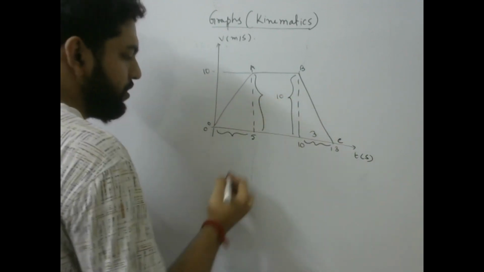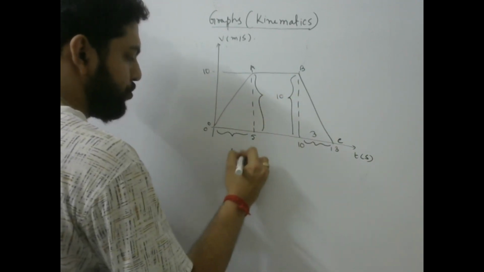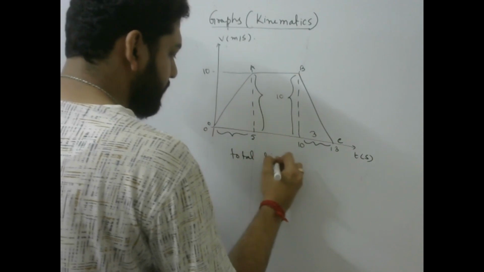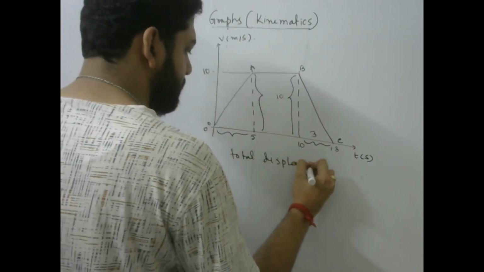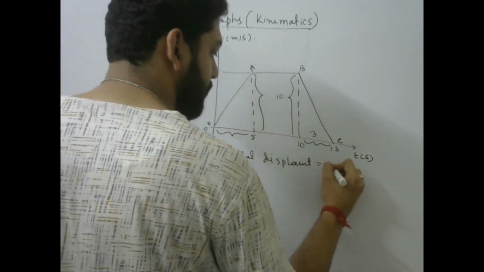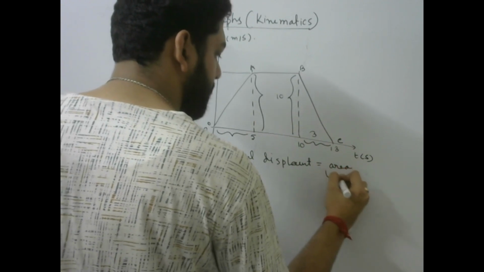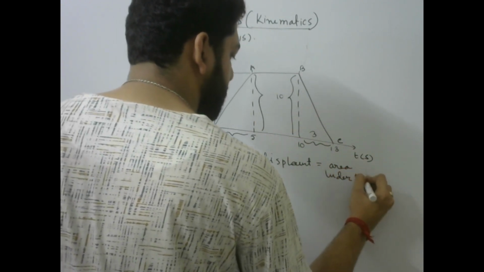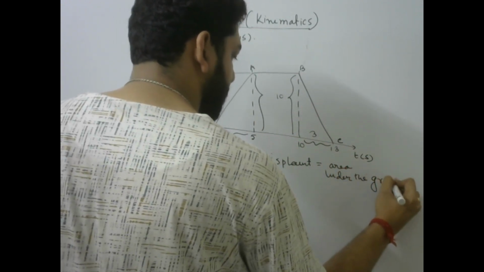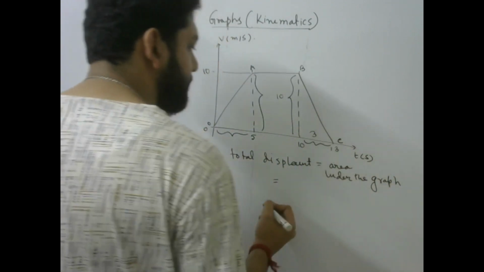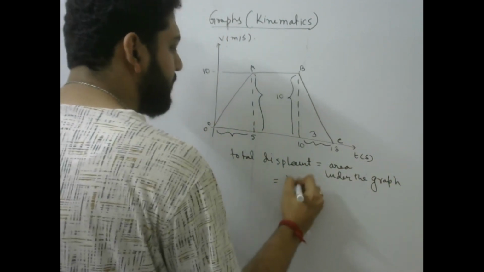So how to calculate the total displacement of the particle? Total displacement is equal to the area under the graph, that is equal to the area of the trapezium, half into the sum of the parallel sides.